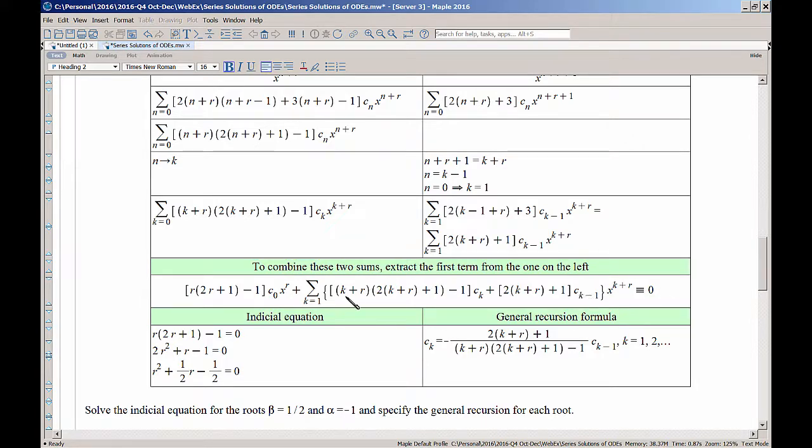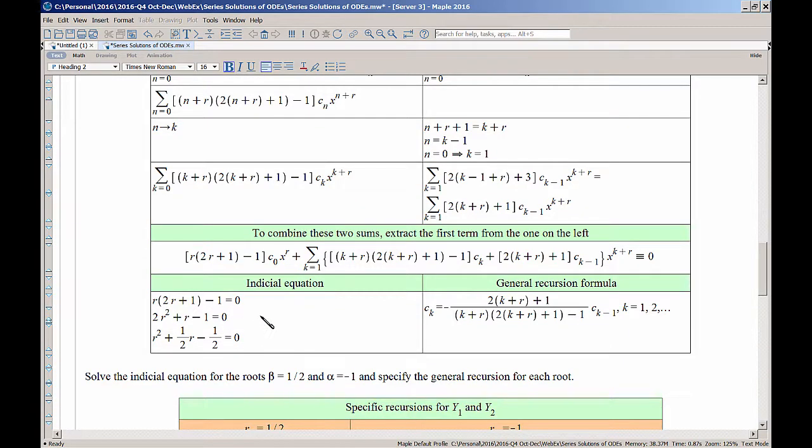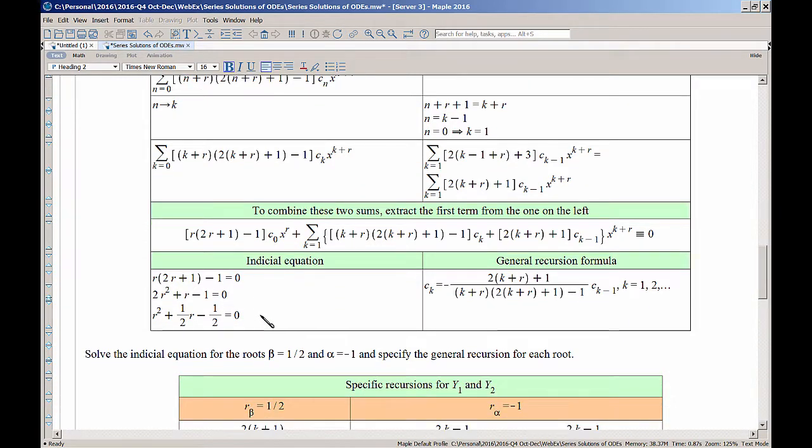So all of these coefficients must vanish, as well as this coefficient. And that coefficient vanishing gives you the initial equation. That's where the initial equation came from. And if you do the arithmetic, you see that you have this plus 1/2 here and this minus 1/2 here, and we know what the roots are, 1/2 and minus 1.